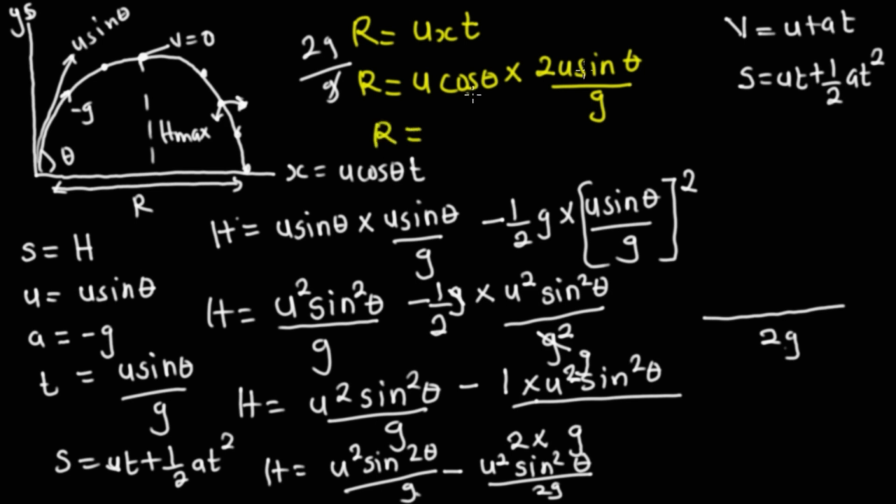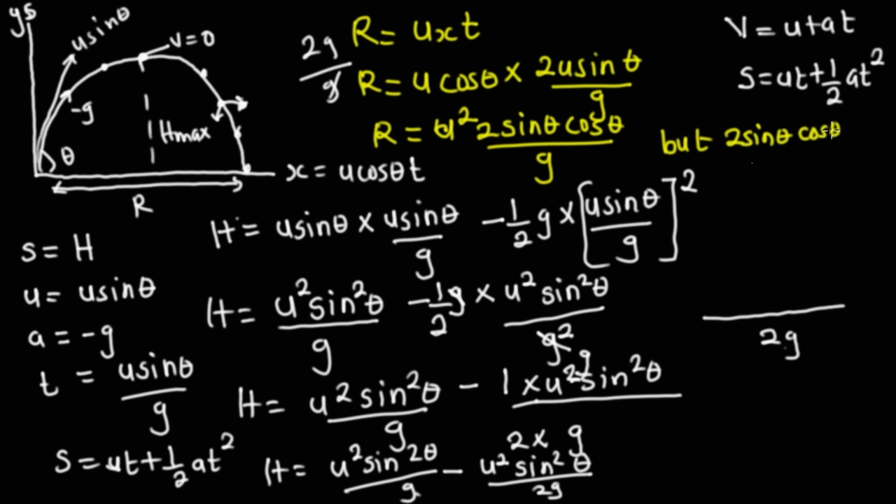R is equal to u times u squared, 2 sine theta cos theta over g. But 2 sine theta cos theta is equal to sine 2 theta, so we replace it by sine 2 theta. So R is equal to u squared sine 2 theta over g. That's how to find range.